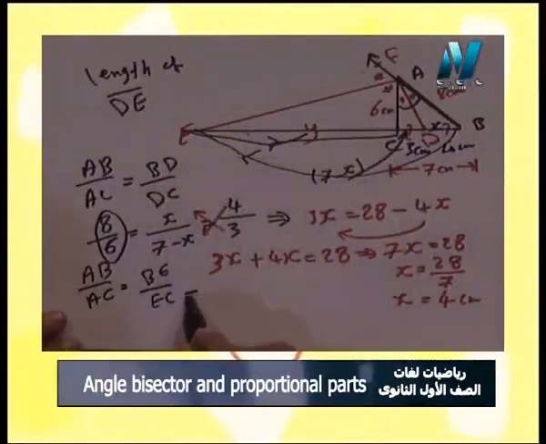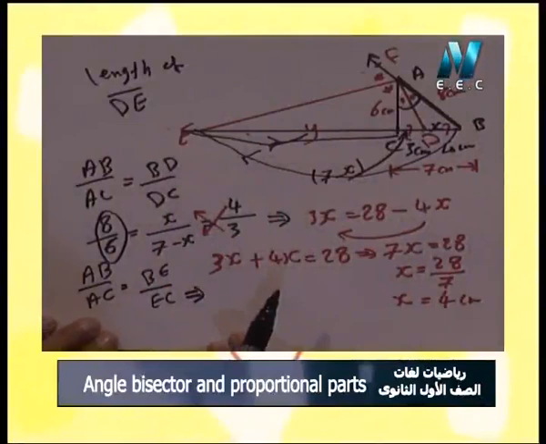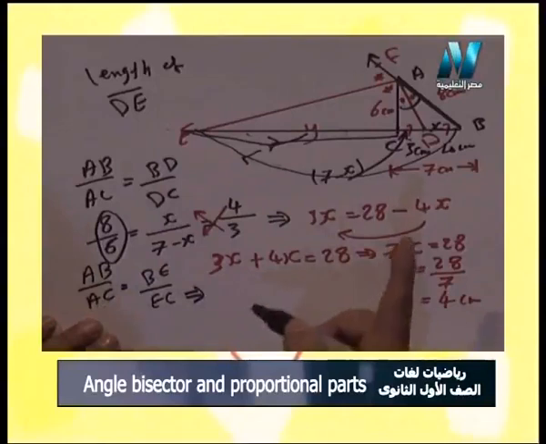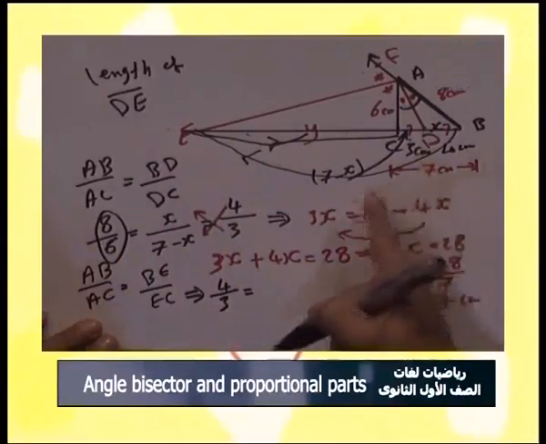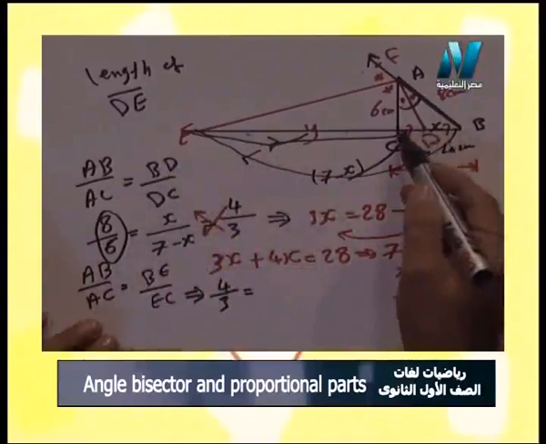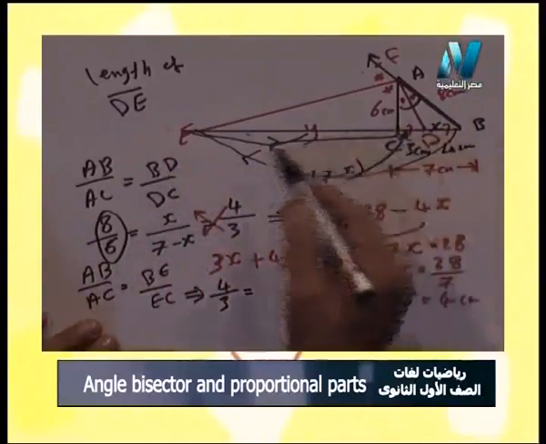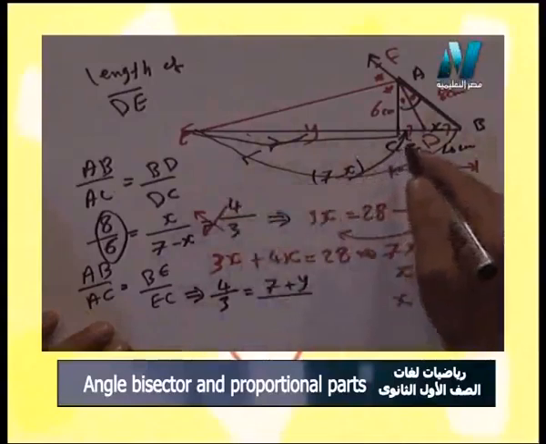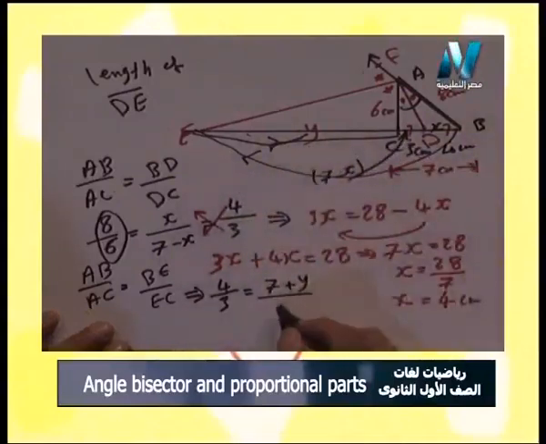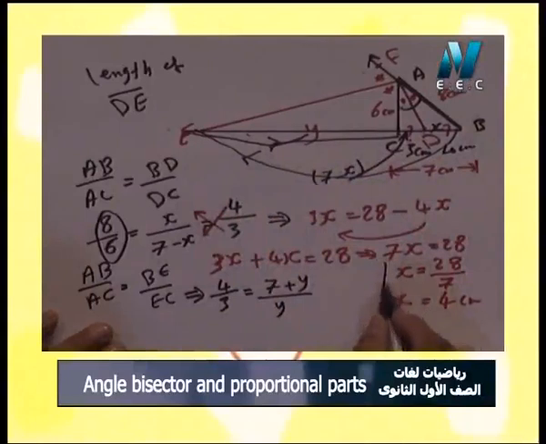Let us substitute AB equal 8 and AC equal 6, and it is 4 over 3 in simplest form. BE equals what? Here BC equals 7, and CE equals y, so it's 7 plus y over EC, which is y. And now we will try to find y.